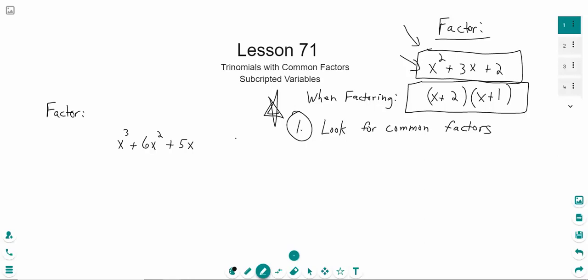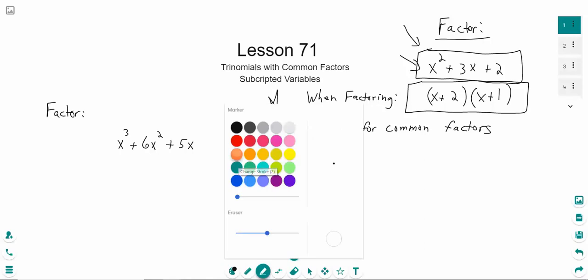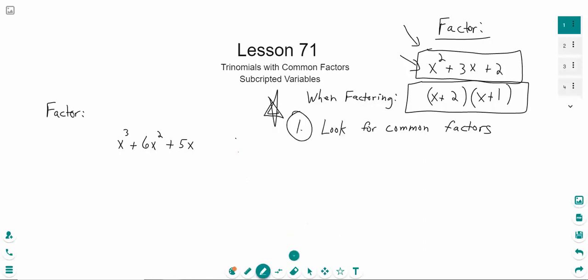Okay, so in this particular situation, I have x to the third plus 6x squared plus 5x. I'm looking for common factors. Now, these terms, again, are made up of coefficients as well as variables. If we start by looking at the coefficients, this one has a coefficient of 1, this one has a coefficient of 6, and this one has a coefficient of 5.